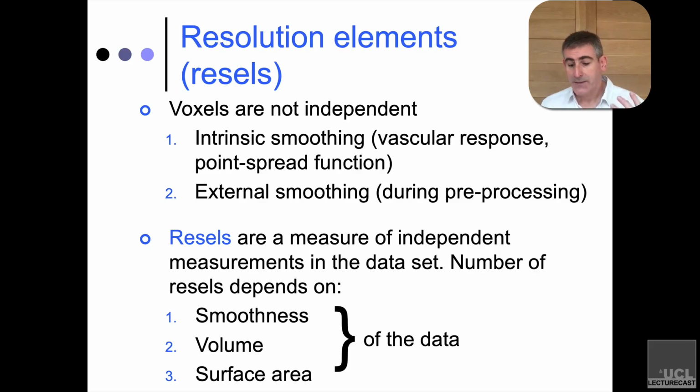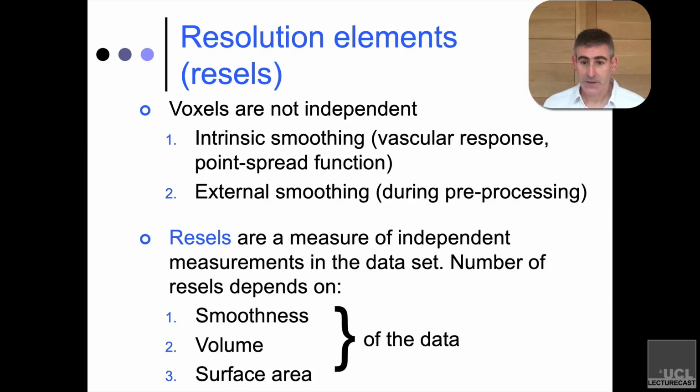It's a measure of how far away you need to move in three dimensions until the data you're looking at are effectively independent of one another. That means the size of a resolution element will by definition always be larger than a single voxel.